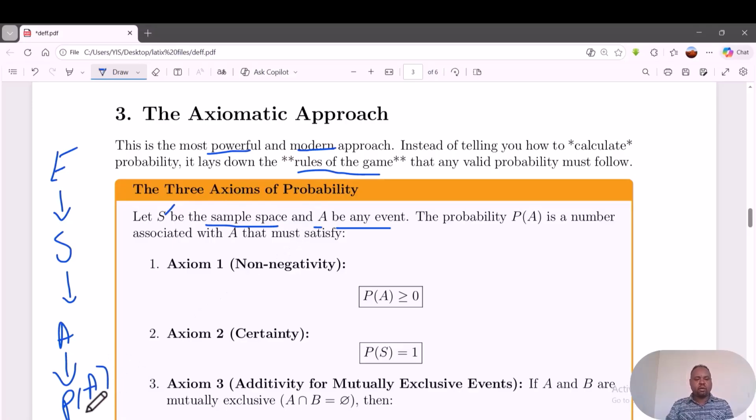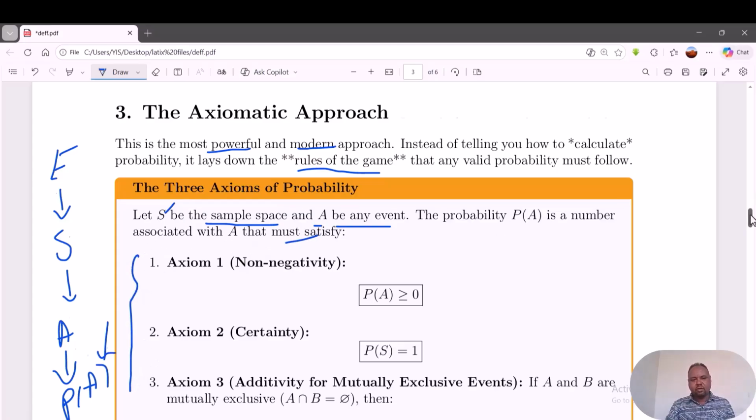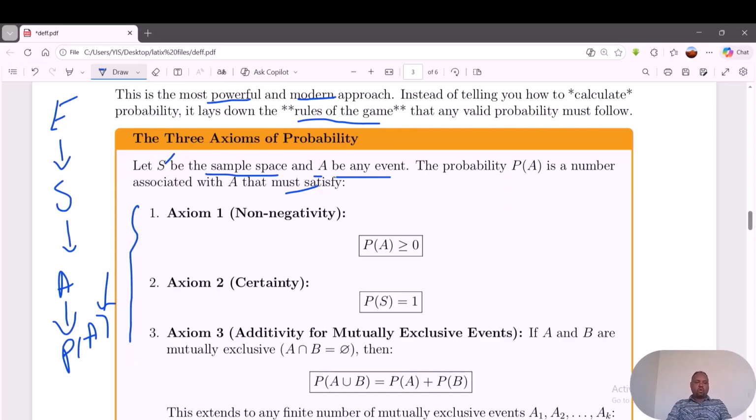Now, the probability of A is any number which satisfies these 3 axioms, right? Probability of A is expected to be non-negative under these axioms. We have one axiom, or one rule, which is about the non-negativity of the probability of A.